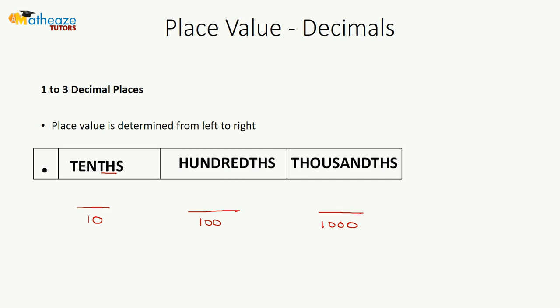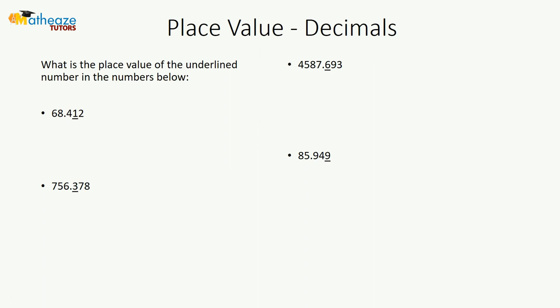So let's apply this to some examples. What is the place value of the underlined number in the numbers below? So we have 68.412. Here's a trick we're going to use. After the decimal place, let's put a line so we can indicate a fraction.